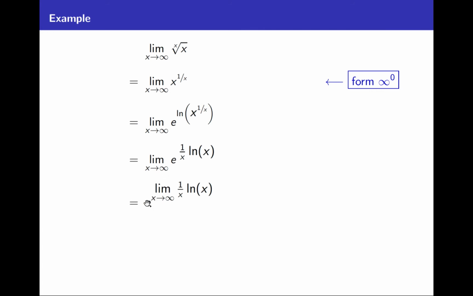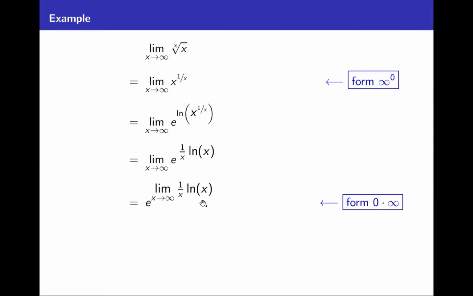So just covering up that e for a second, of course we can't forget about the e, but we can for just a second. We have the limit as x goes to infinity of 1 over x ln of x. And that's form 0 times infinity. As x goes to infinity, the 1 over x turns into 0, and the ln of x goes to infinity.